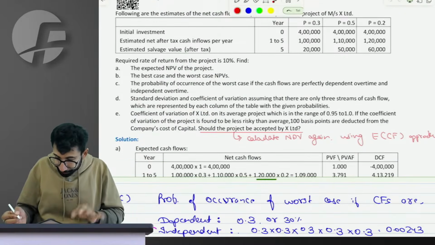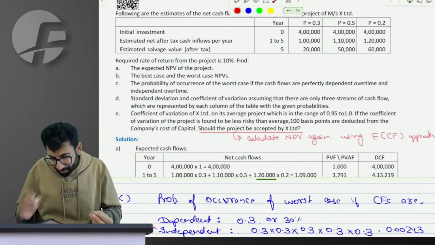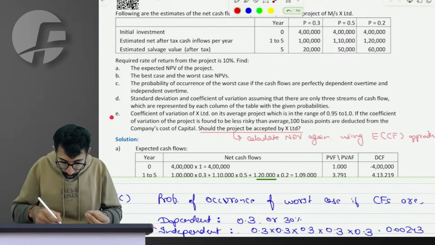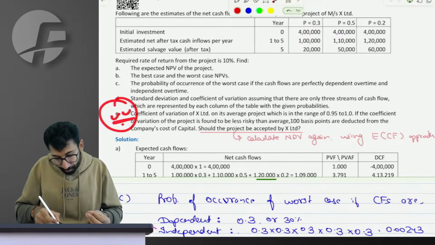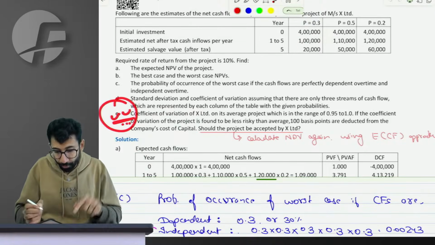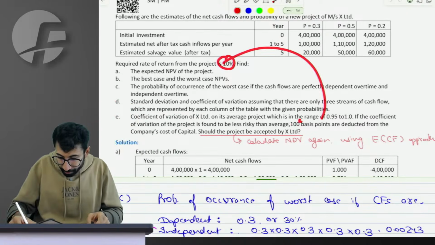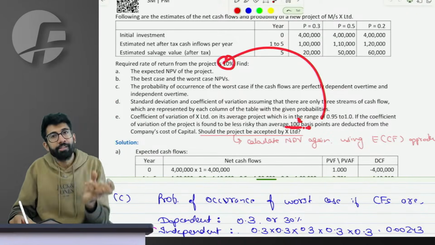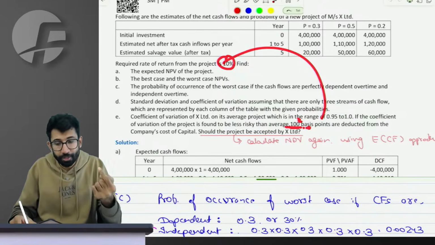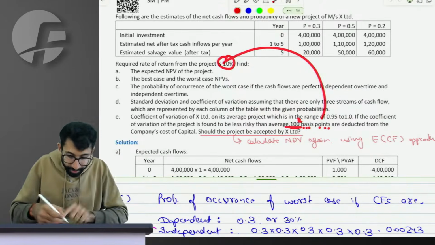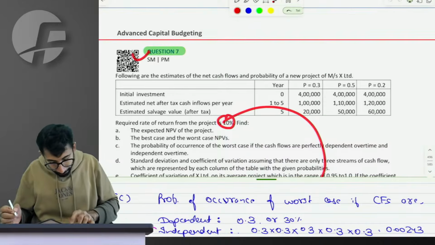The last part is really easy. I would request you all to do it on your own. It says that rather than the discounting rate, make the discounting rate 9% or 11%, changing it by 1%. The last part you will have to do on your own.